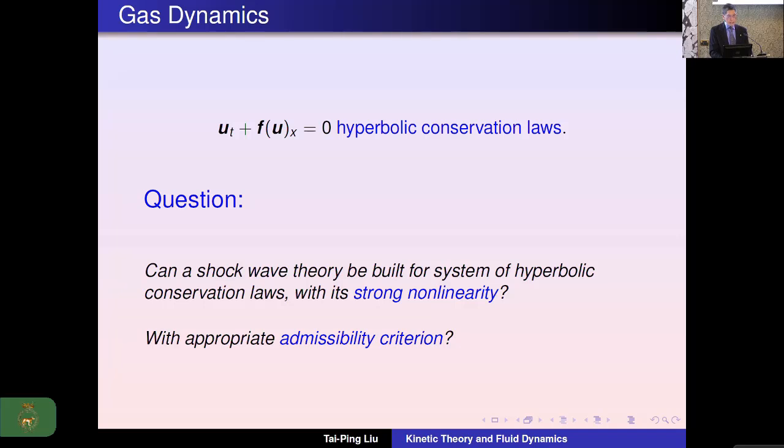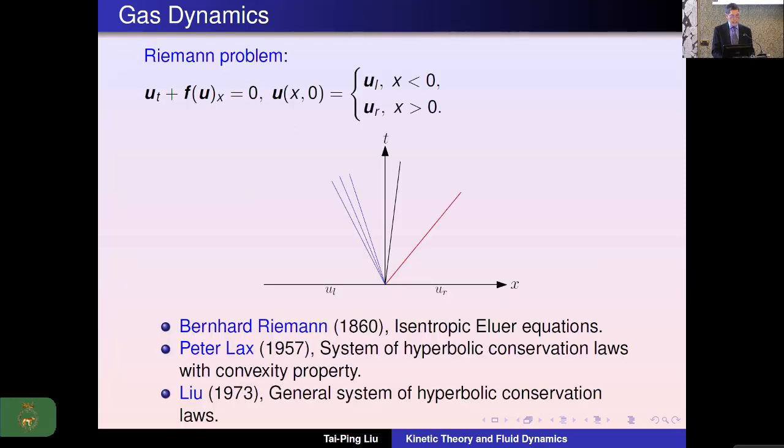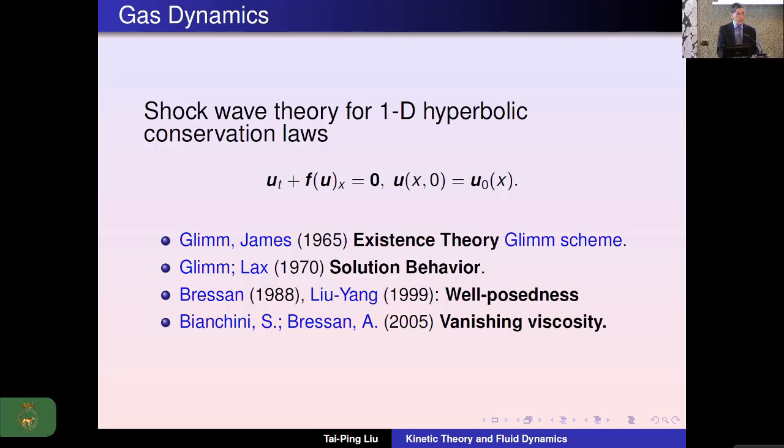All right, so the question is, now that we have this shock wave, we have an admissibility condition, so the mathematician asks, can we have a theory out of this? And this first step is something called a Riemann problem. It started with Riemann, and then we actually have a theory.